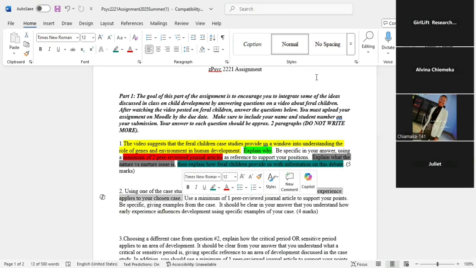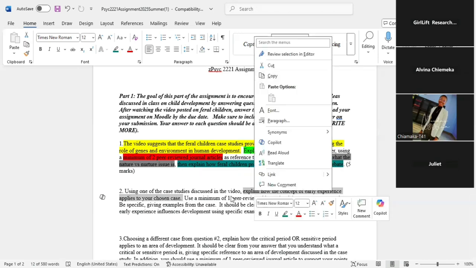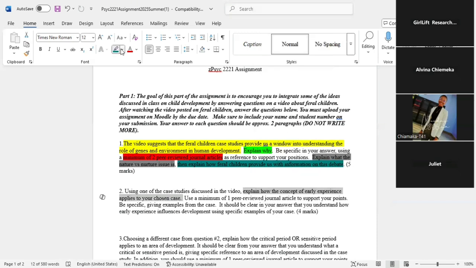That's for the first sentence. We need to find how to explain the concept, how early experience applies in the chosen case, the feral children.